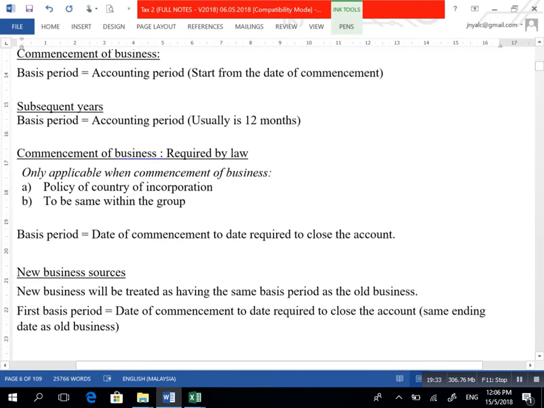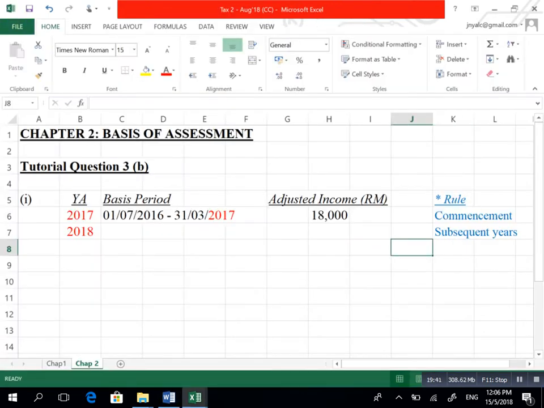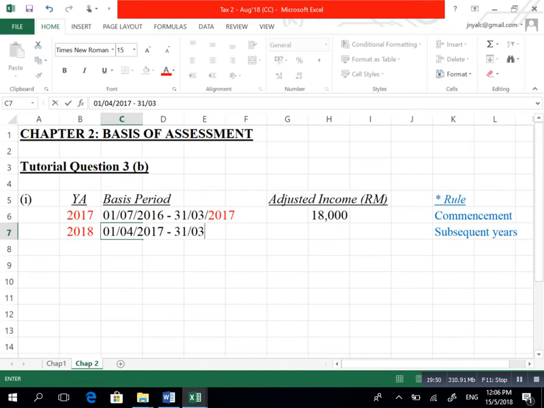What is your accounting period for the second year in here? Start from 1st April 2017, close until 31st March 2018. Is it 12 months here? Yes. And make sure that the ending year matches your year of assessment. 2018 also.